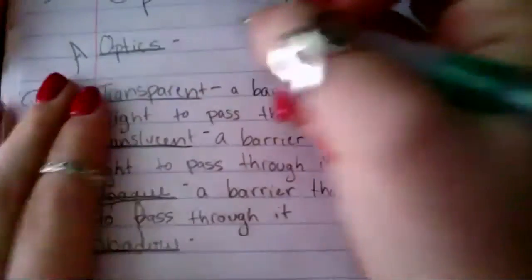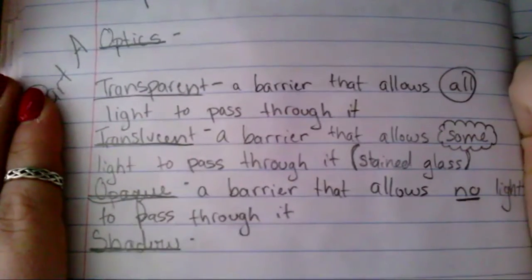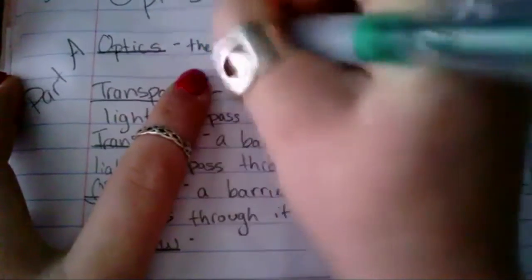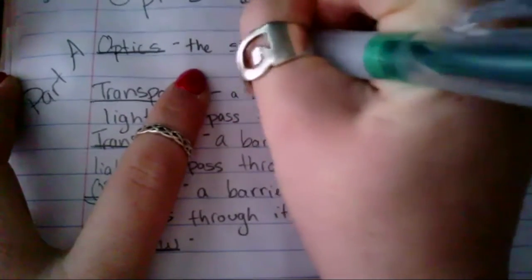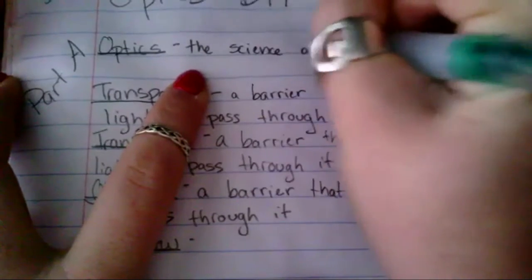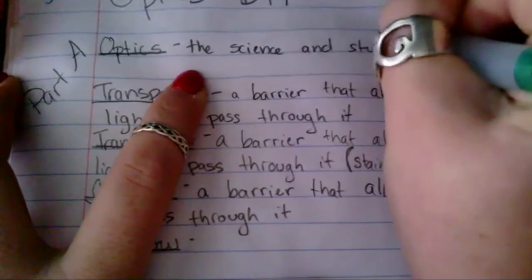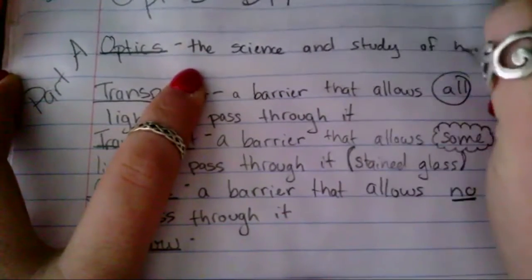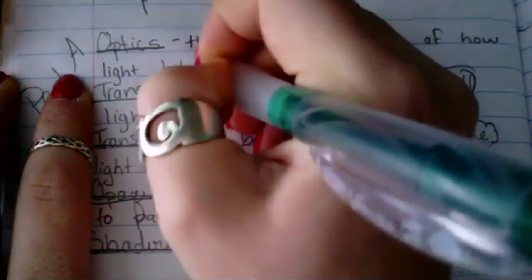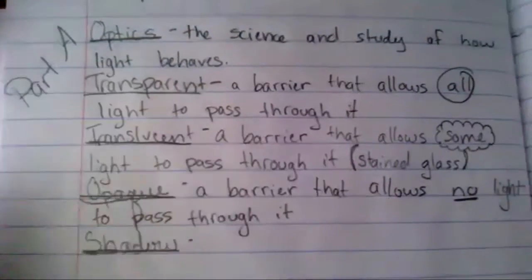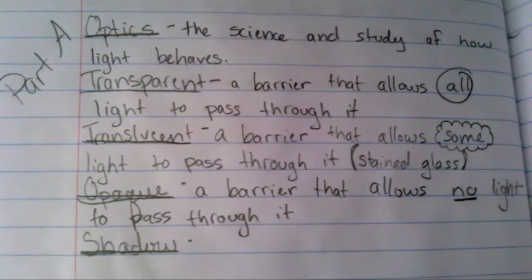Optics is the science and study of how light behaves. Okay. It's the science and study of how light behaves. Beautiful. So our last one is shadow.